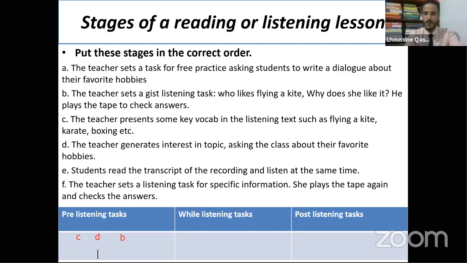A is post listening. Thank you. A is post listening. It's a free practice. So A is free practice. Great. What about D?